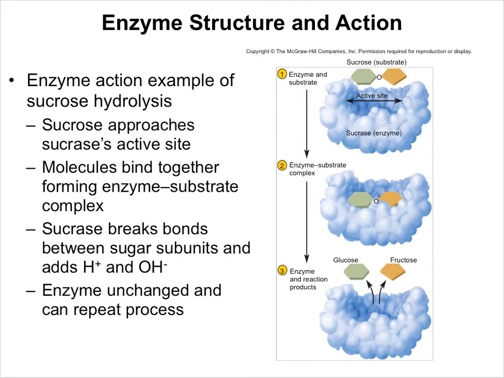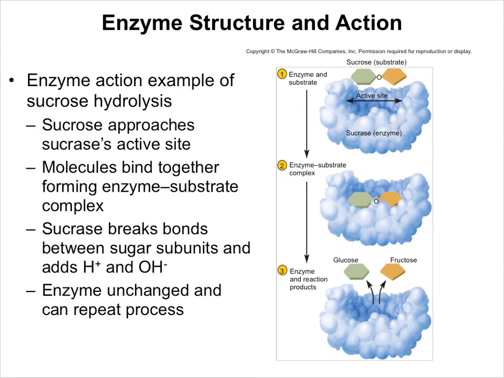The way enzymes work is enzymes have what's called an active site. That active site is the area that binds the substrate. So for instance, we're talking about sucrase, which is the enzyme that breaks sucrose into glucose and fructose, right?